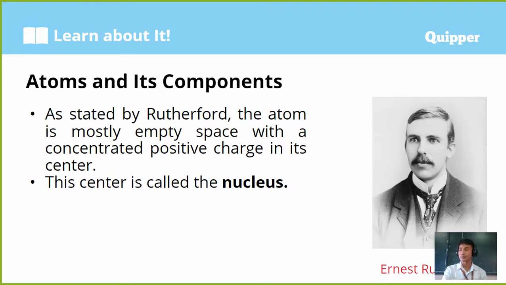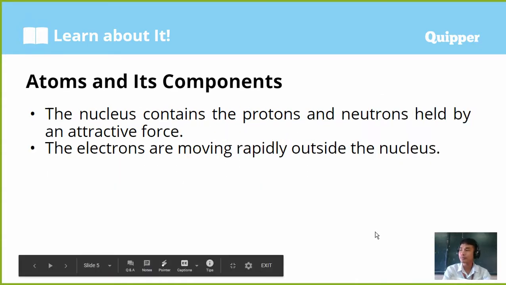Okay, so atoms and its components continued. As stated by Rutherford after his gold foil experiment, the atom is mostly empty space with a concentrated positive charge in its center. You call this center the nucleus.